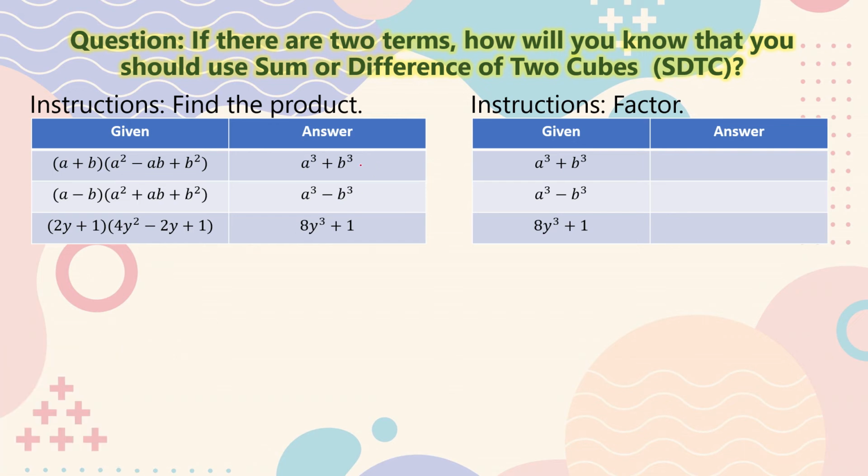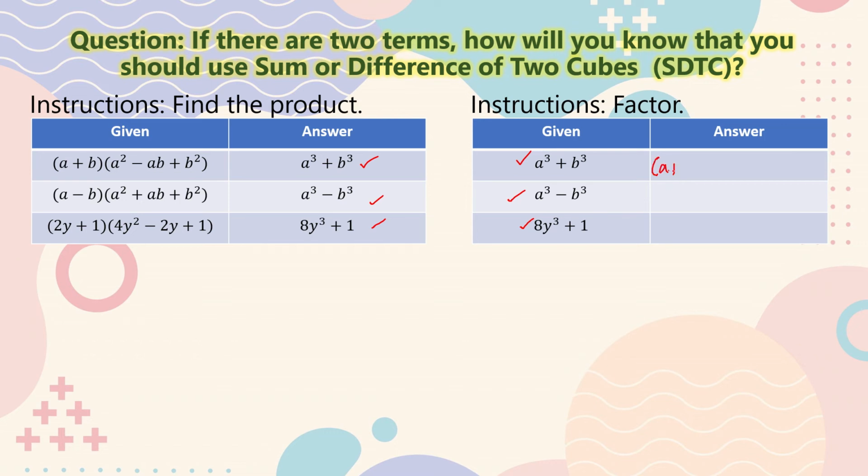Notice that the answer here is also the given here as well on the right side of our screen. Here, it's the same given here. And here, 8y cubed plus 1, it's also the given here when we were asked to factor. So in other words, the answer here is just the reverse of the given on the left.